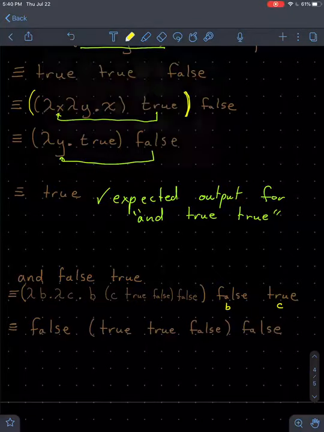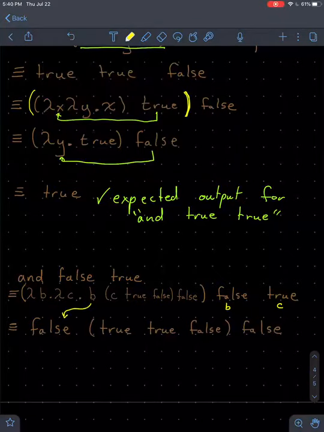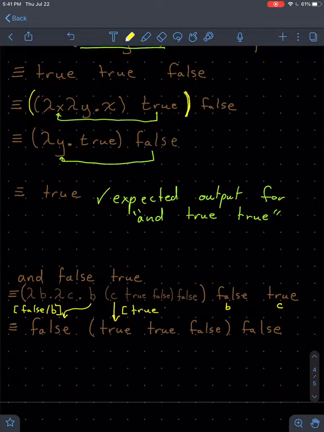And we could look at that as being, you know, this was the B. And then the C gets subbed in for true. Or the other way around. True gets subbed in for C. How could we reduce this again?